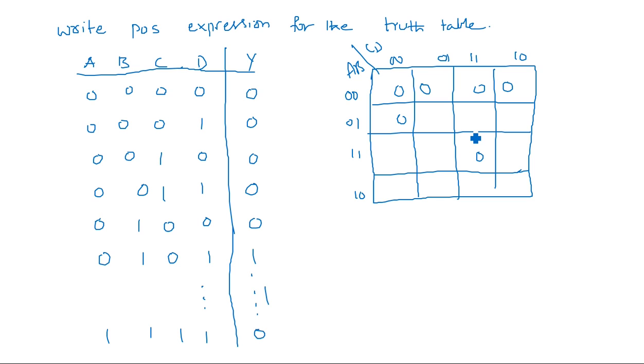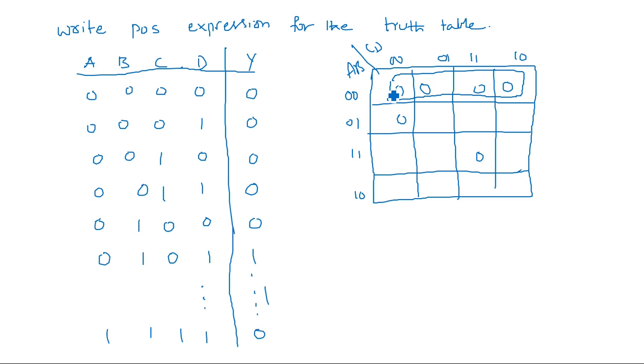Okay, now see all remaining are ones. No need to represent ones in the POS representation. Even if you represent, you are not going to map ones, you are going to map zeros in POS representation. So that's why I am not representing them, just for our understanding. See, these 4 zeros we can map. Mapping should be done between 2 zeros, 4 zeros, 8 zeros, 16 zeros, like that in case of POS.